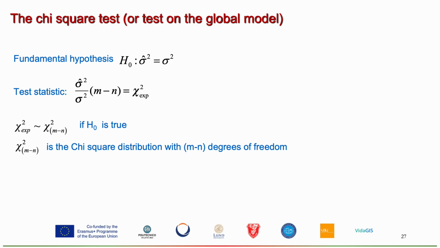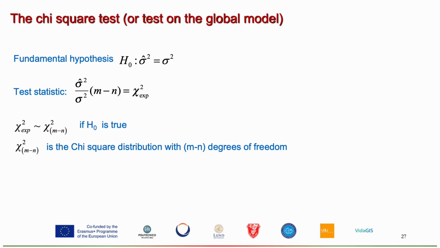Now we are going to discuss two specific hypothesis tests that are the chi-square test, or the global model test, and the test on the individual observations, which are specifically designed for least squares results.